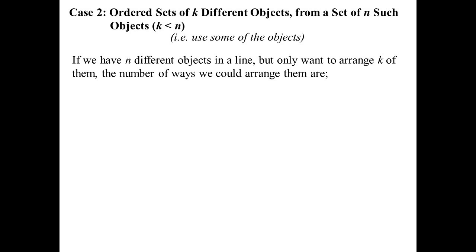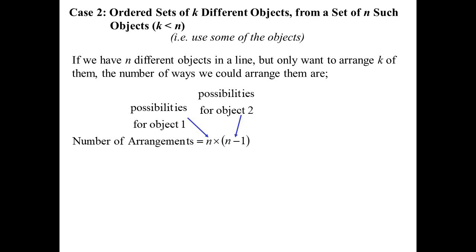How many ways can I get the first object? Well, that hasn't changed. There's still n that I can pick from. Now I'm going to get the second object. Still n minus 1, hasn't changed. Get the third object, n minus 2, hasn't changed. But I'm going to keep going until I get the kth object.